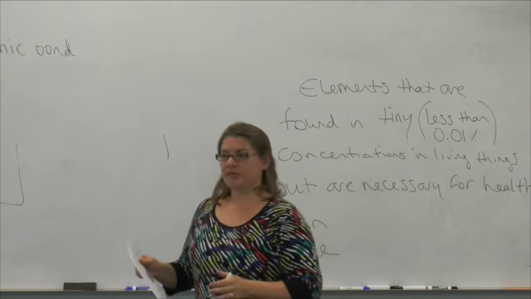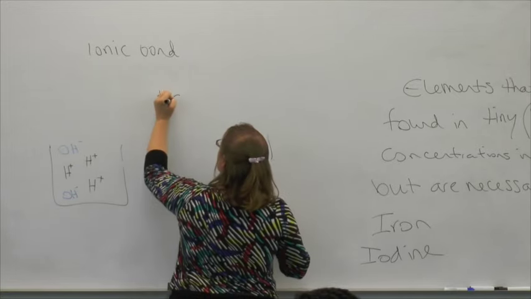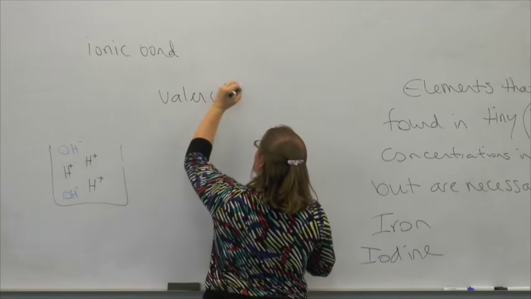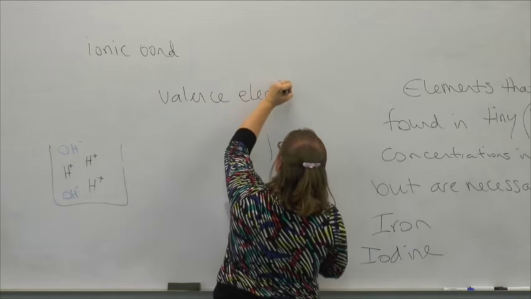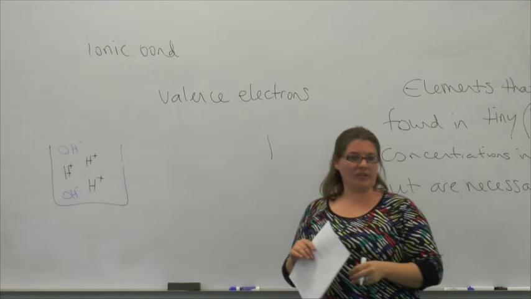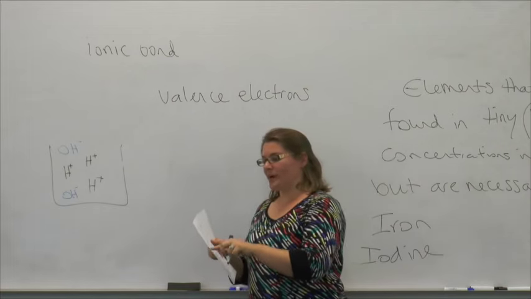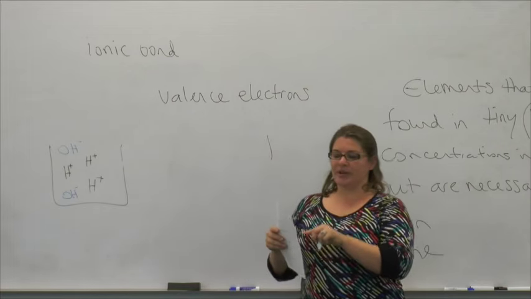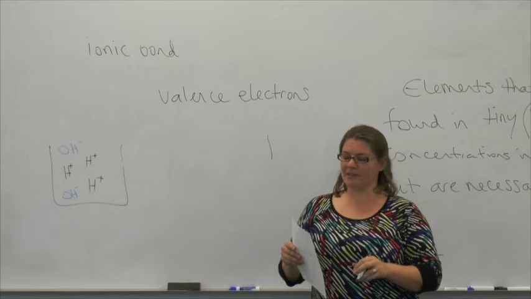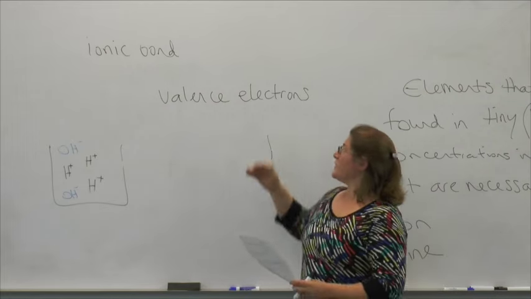Those are the valence electrons, yeah. The number of electrons in the outermost shell is the most important thing in determining the chemical reactivity of an atom. Okay, so for number 8, the correct answer is 4. The electrons in the outer electron shell of the atom, those are called valence electrons.